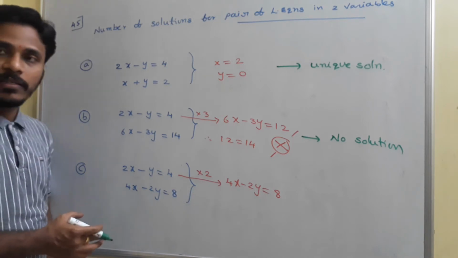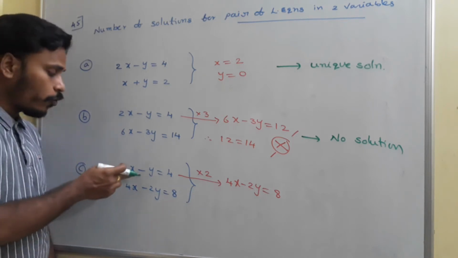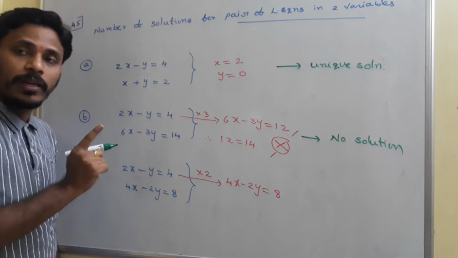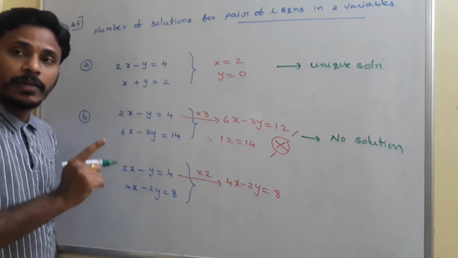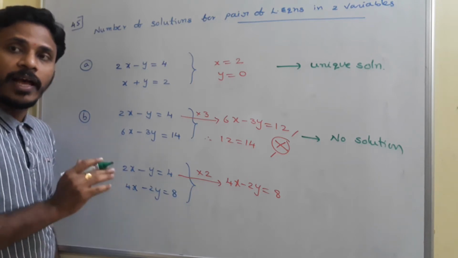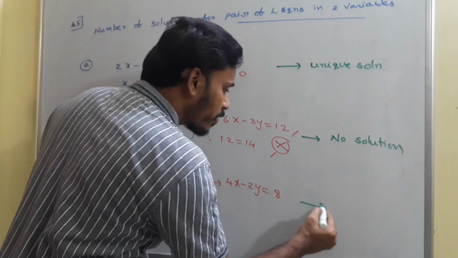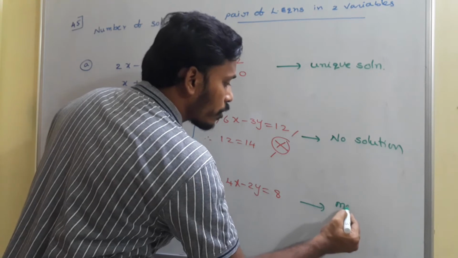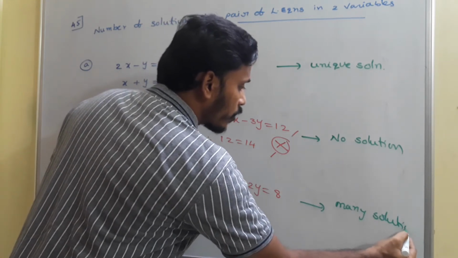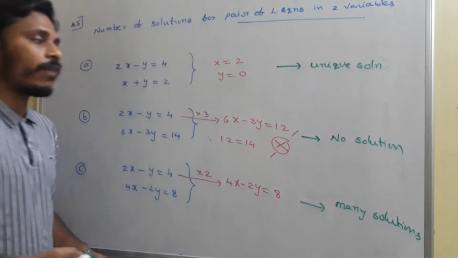Whereas in the last case, there look to be two equations, but if you analyze, we have only one equation. One linear equation in two variables will generate infinite solutions as we discussed. So in this case we have many solutions, or you may say infinite solutions.